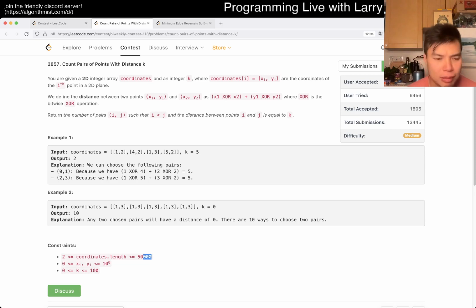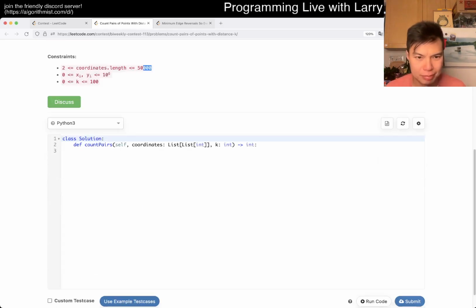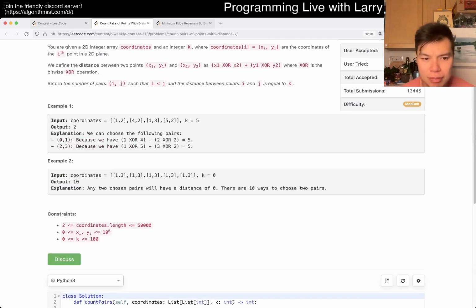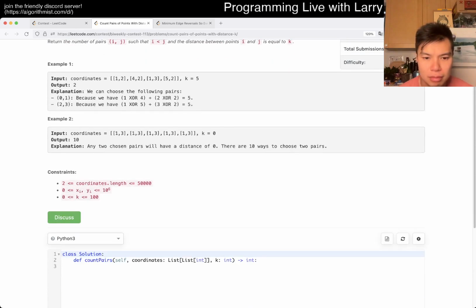No, what am I thinking about? Why am I saying 100 squared? It should be just 100, right? 100 times 50,000 is still pretty slow though, but yeah, using Python, we'll see how that goes, I guess. Because that's like 5 million lookups. I guess we'll see.